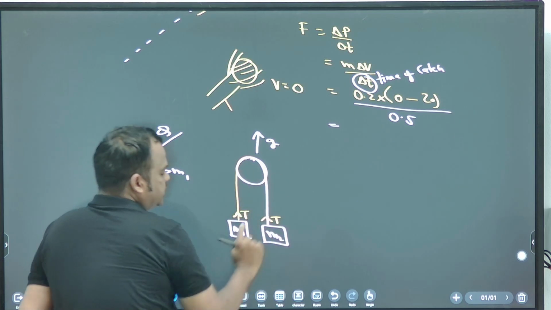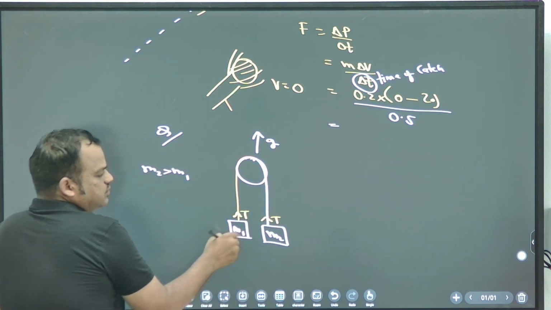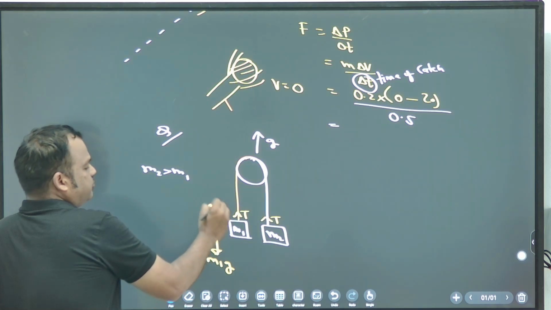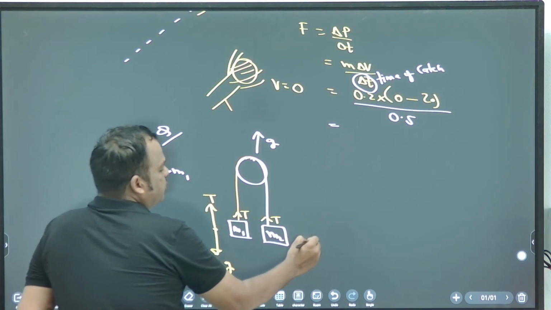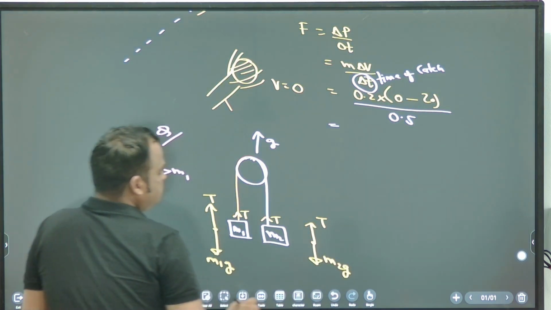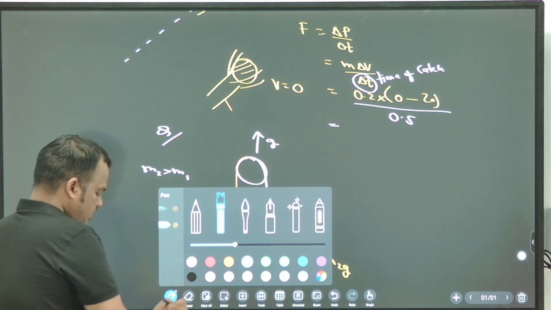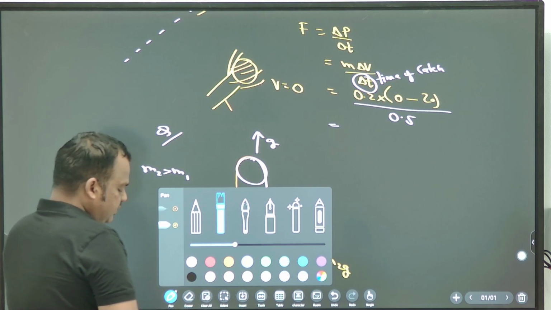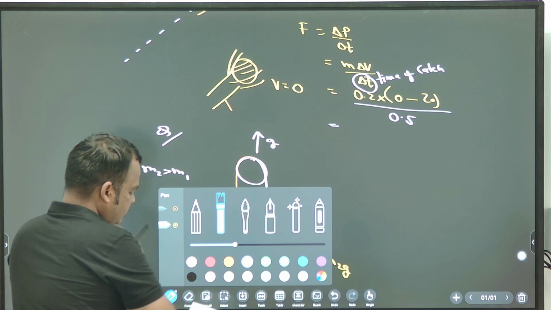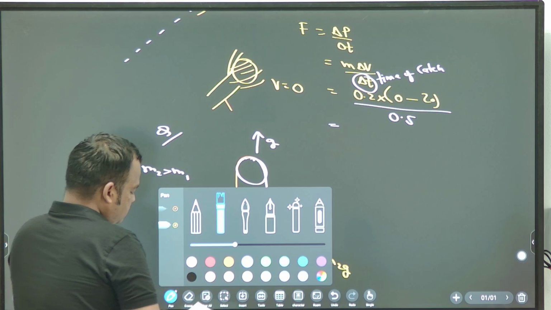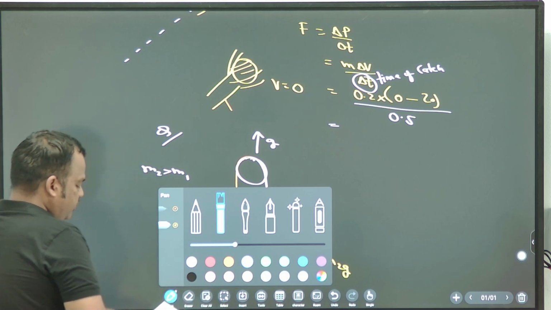Now, what is the downward force on M1? M1g, upward force T. For M2, what is the upward force? T, downward force M2g. Now, in the third option they are asking the magnitude of acceleration of mass M1 with respect to ground.